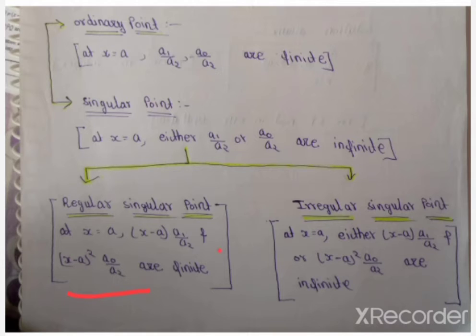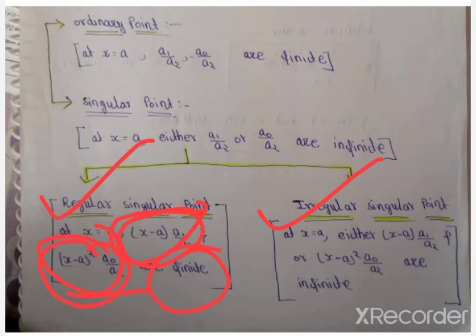If these two terms give finite values, then we call it a regular singular point. Otherwise, if these two terms give infinite values, then we call a an irregular singular point.